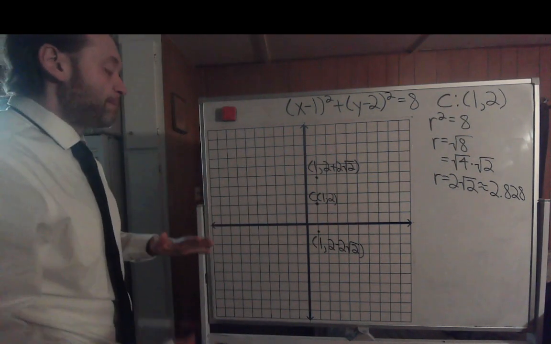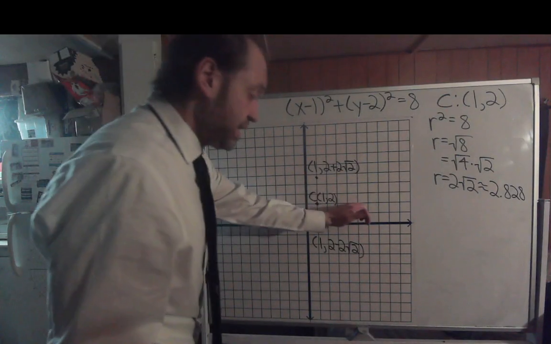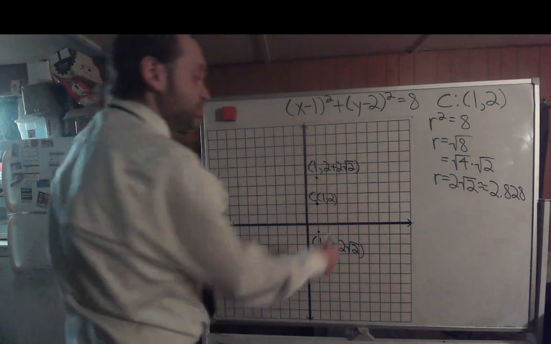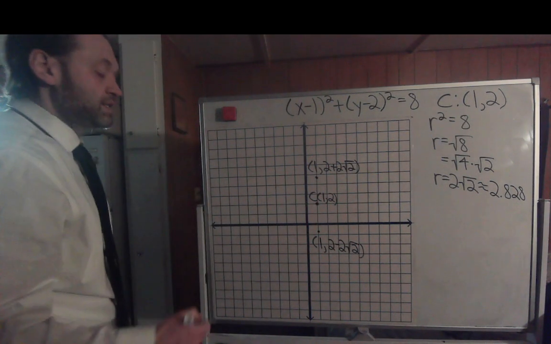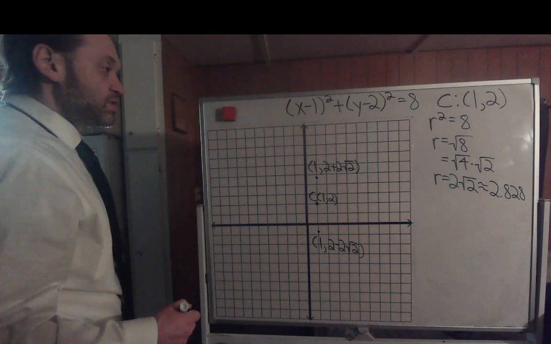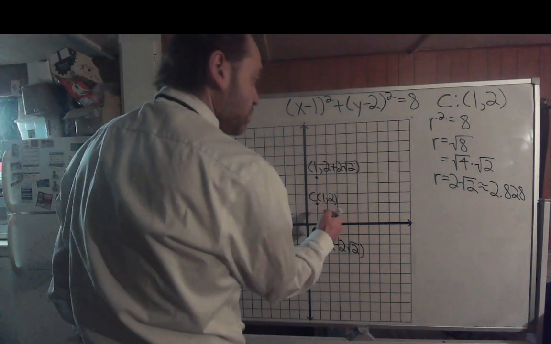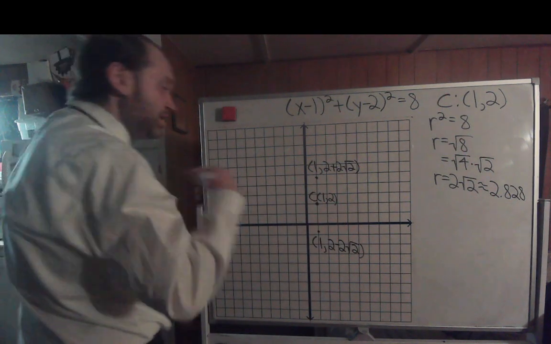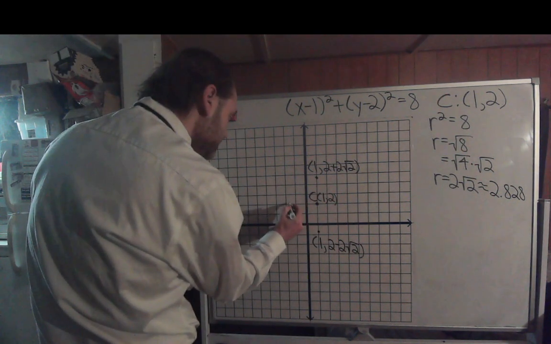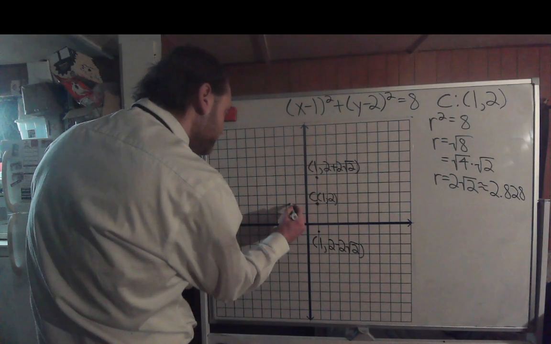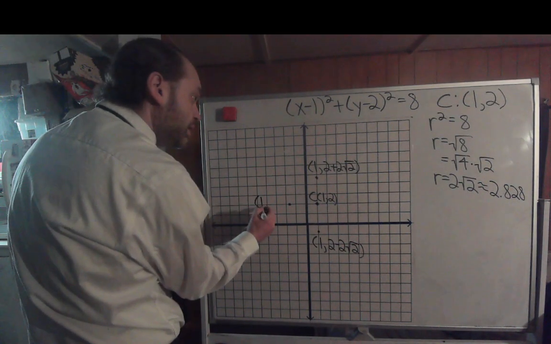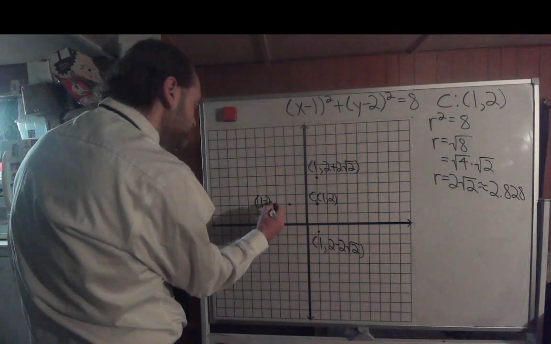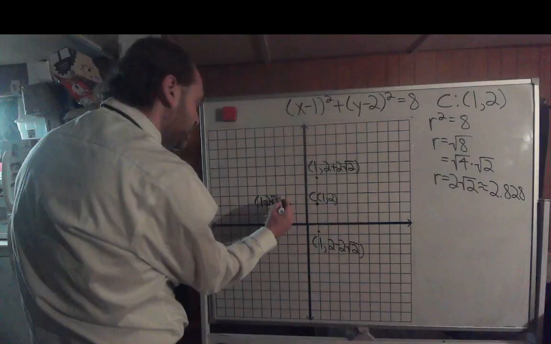Okay, so if we're going left and right of the center, this time that means we're going to leave our y coordinate alone. We're going to affect the x coordinate. So 1 minus 2.828 would be about negative 1.828. So you'll roughly get the point then here. Well, the exact point would end up being 1 minus 2 times the square root of 2, and then your y coordinate of 2.